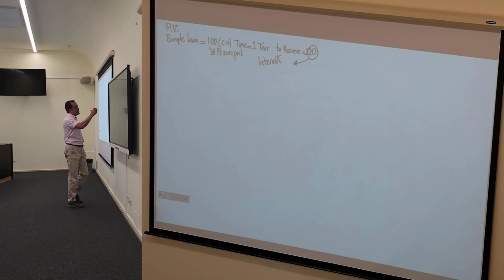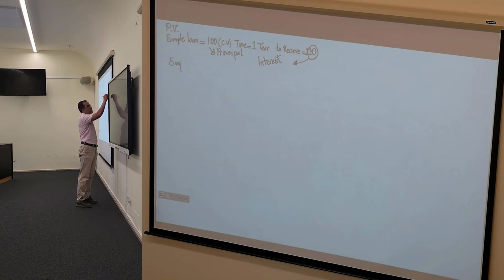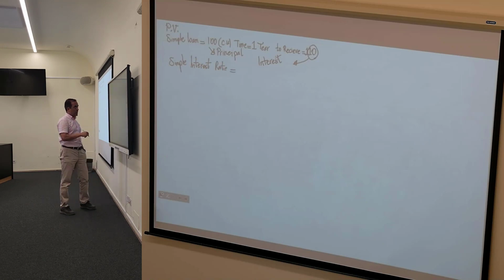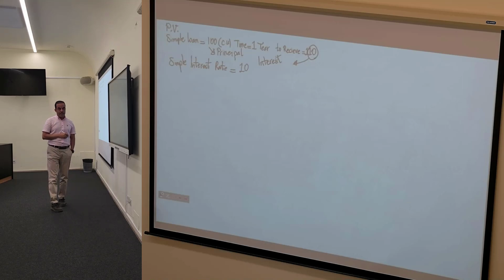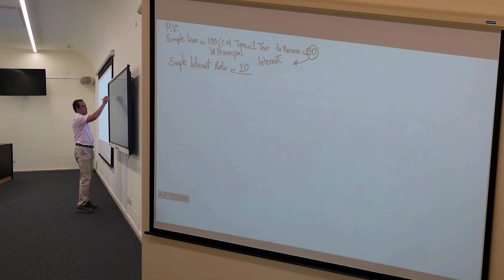So the simple interest rate would be this interest that the borrower is supposed to pay over the total amount, that is the principal, 100. So it will be 10%.